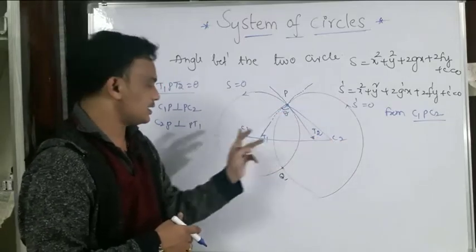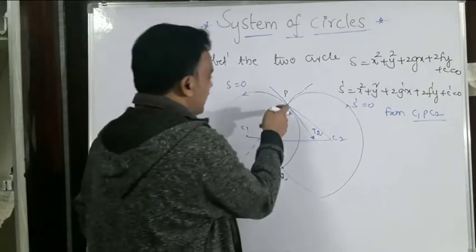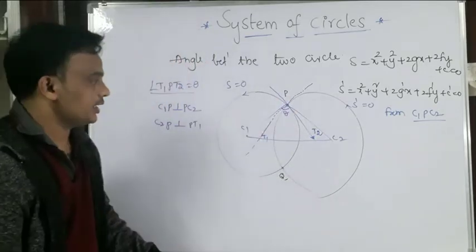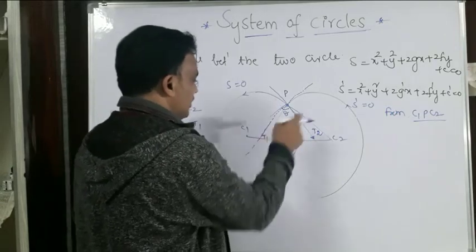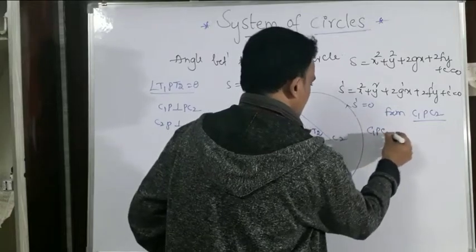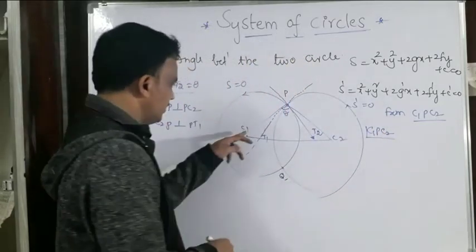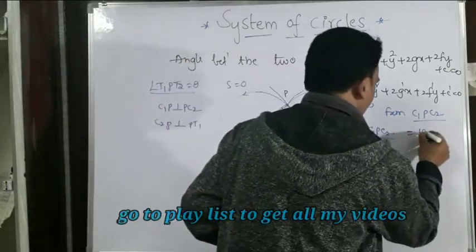Then you are going to write one thing from the triangle C1PC2. This angle is theta. The angle C1PC2 can be written as 180 minus theta.